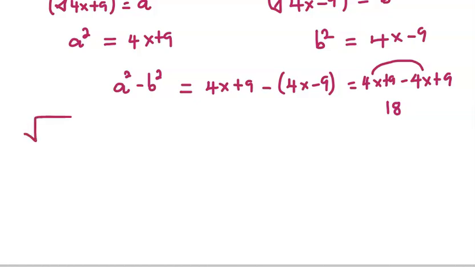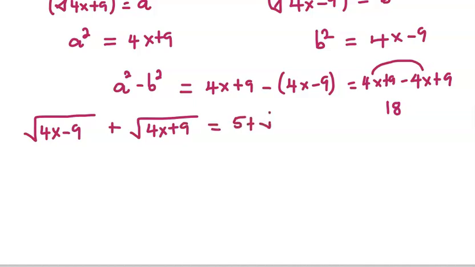Now let us see the original equation. The original equation is the square root of 4x minus 9, plus the square root of 4x plus 9, and this is equal to 5 plus the square root of 7.